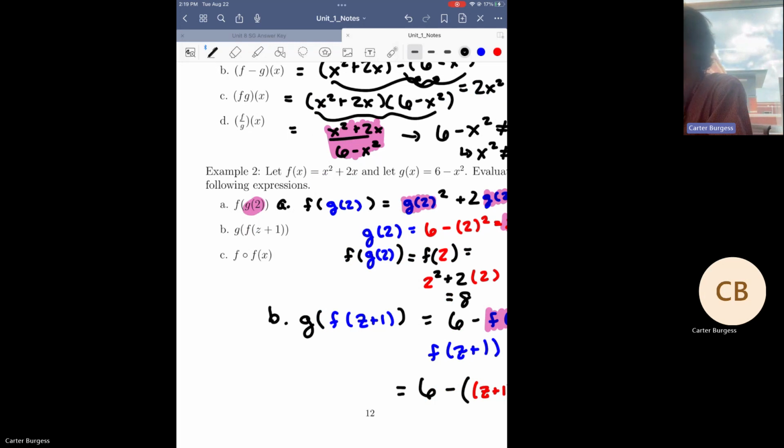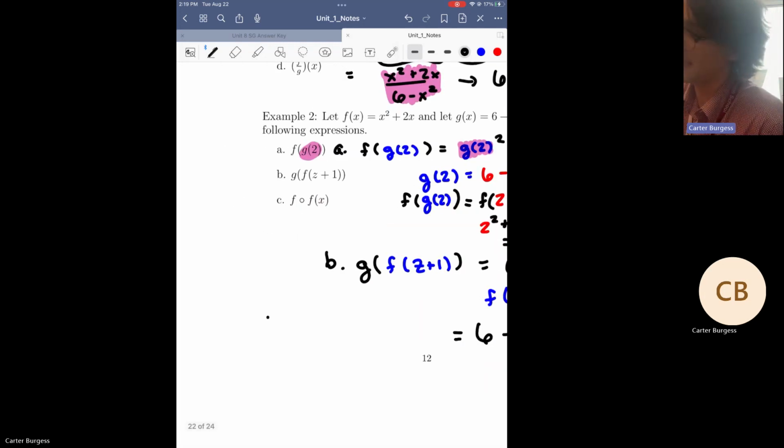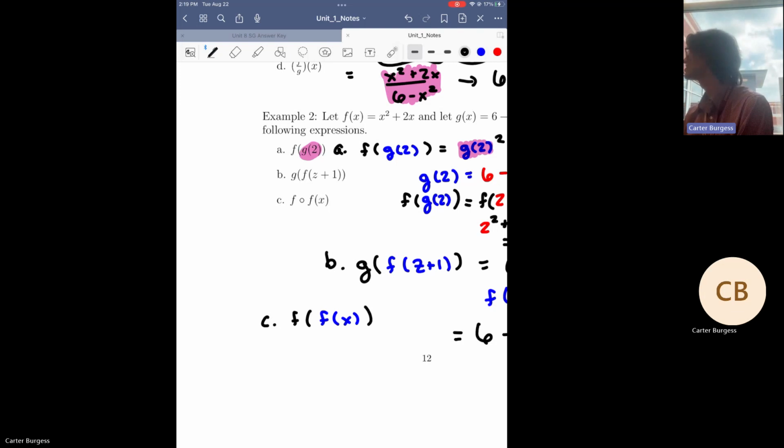And exactly as Haddon has indicated, what I would do first is rewrite this as f of f of x. So what does this tell us to do? We're taking f of x, and everywhere we see an x, we're replacing it with f of x.